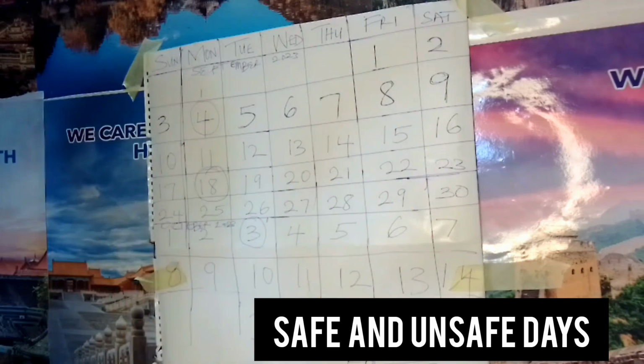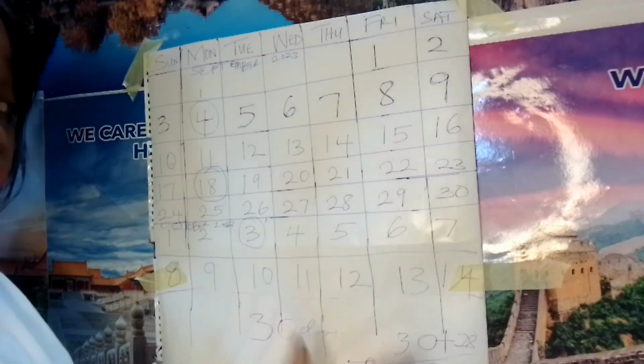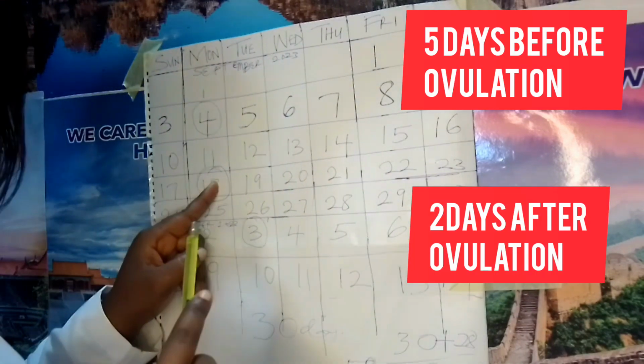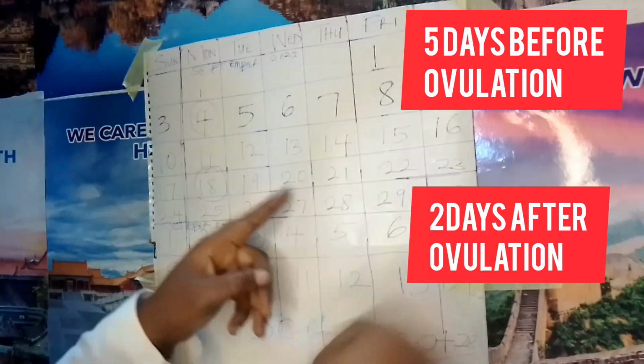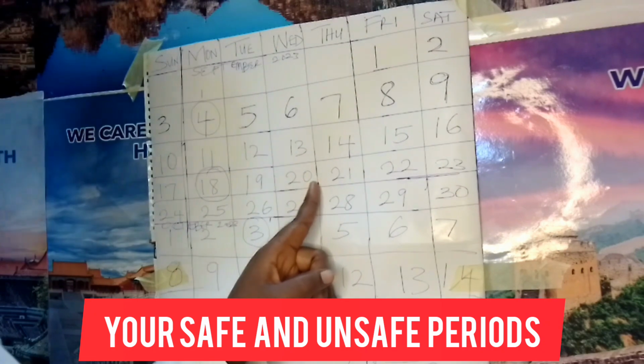So if you are the type that doesn't want to get pregnant, you are trying to calculate your ovulation time so that you will not get pregnant, the best we advise to do is to give 5 days before your ovulation day, and also 2 days after your ovulation day, before you have unprotected sex.